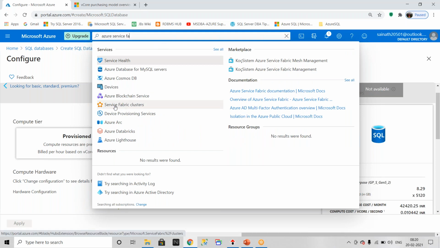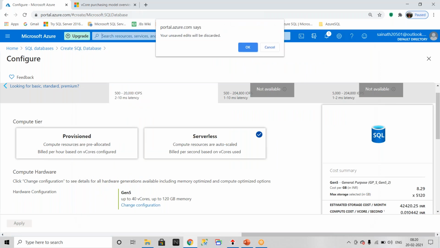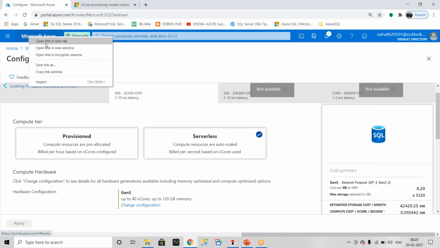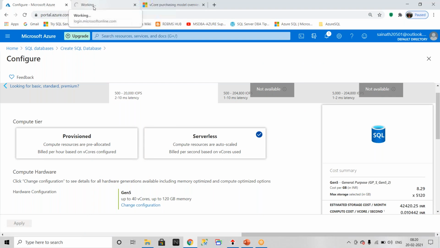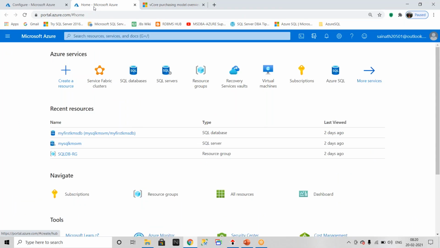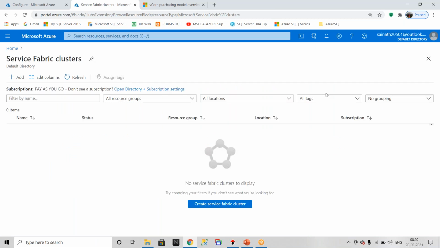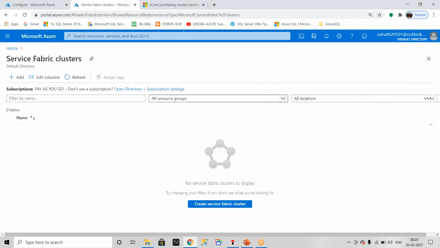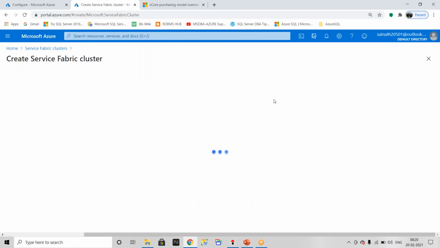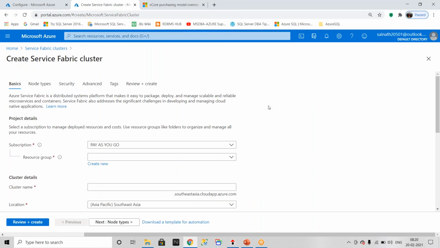Let me go to Service Fabric. No, let me open a new window. How is Microsoft maintaining this? Very good question, actually, that is what I wanted to discuss with you. When you go to Service Fabric, don't configure it, sir, it is a very costly service. I am just showing it to you.